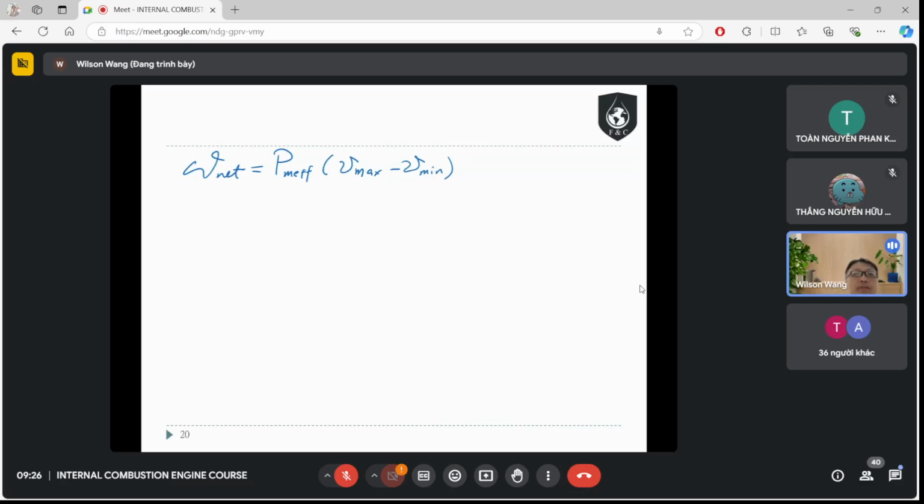We know the maximum volume is when the piston is at bottom dead center. The minimum volume is when the piston is at top dead center. So it's the mean effective pressure multiplied by V1 minus V2, right?